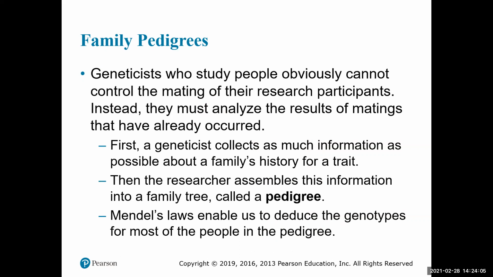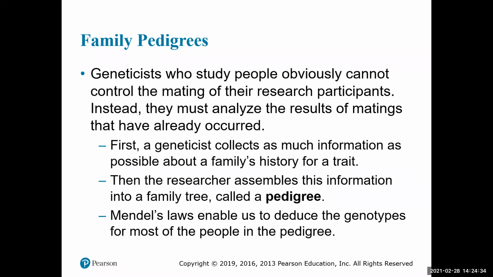And this mainly comes from the fact that it's really not ethical for geneticists who study people to control the mating of their research participants, right? So instead, what they'll do is they'll go in and get as much information from the people in the family tree, and then they'll assemble what's called a pedigree. They'll assemble that information and develop a pedigree.